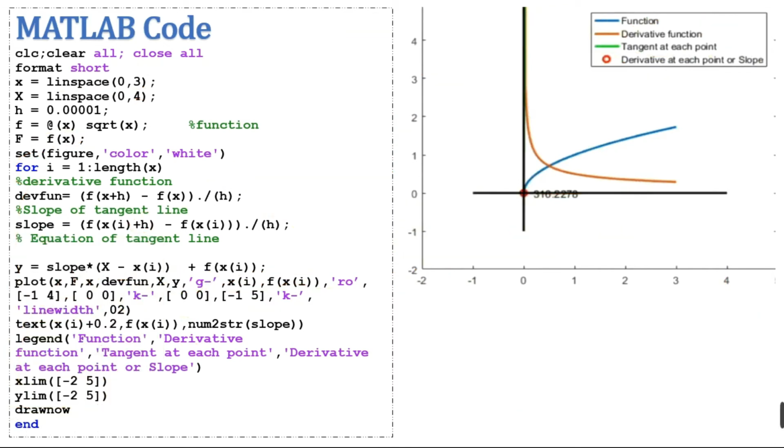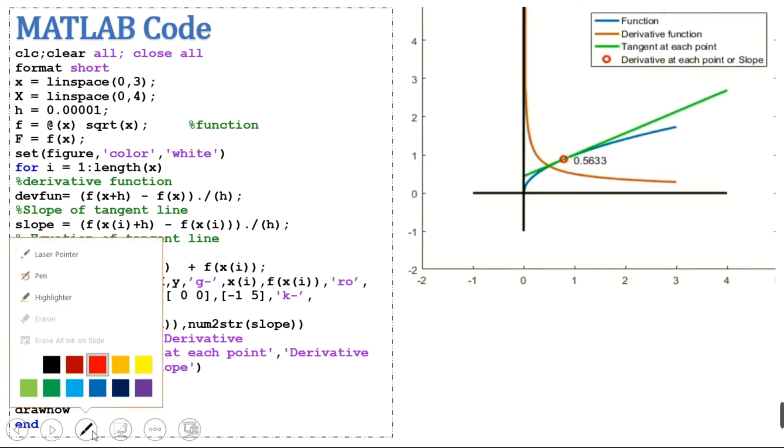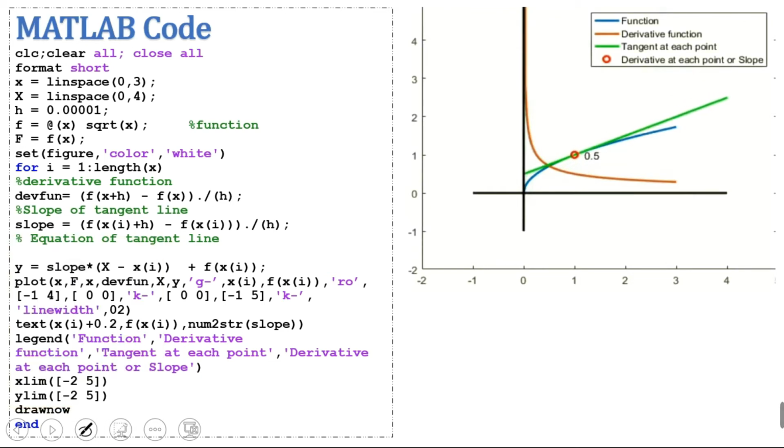Okay, so we check this function, and as x is increasing, the slope of the tangent line is decreasing. This is the behavior of the tangent line at each point, and this is the derivative of the function.